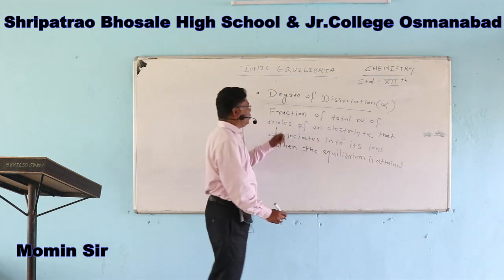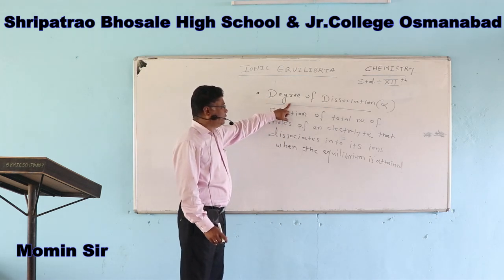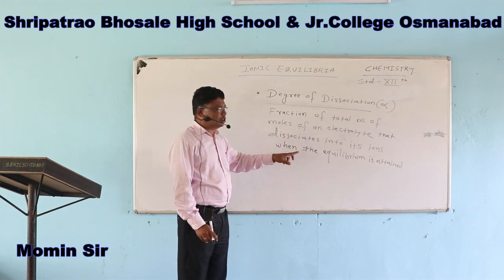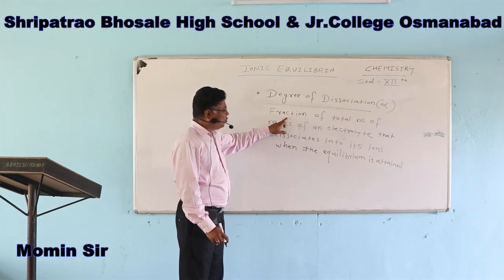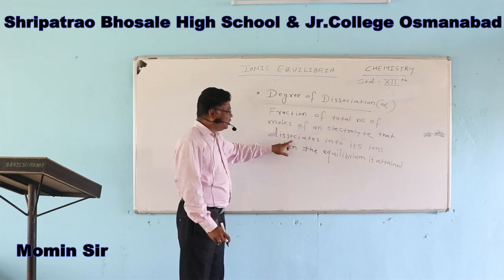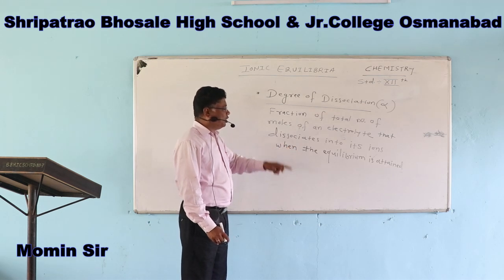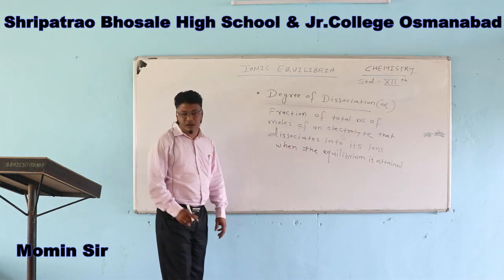So what is called degree of dissociation? Degree of dissociation is denoted by alpha. It is the fraction of total number of moles of an electrolyte that dissociates into its ions when the equilibrium is attained.